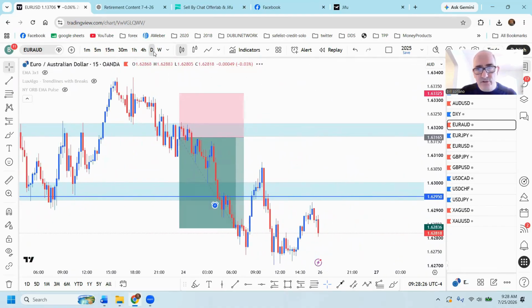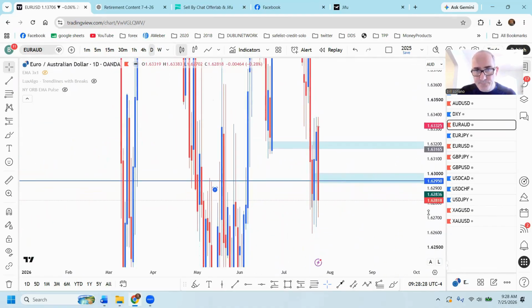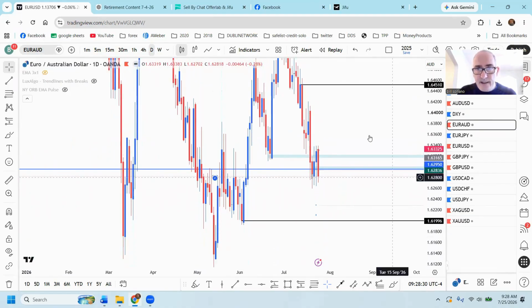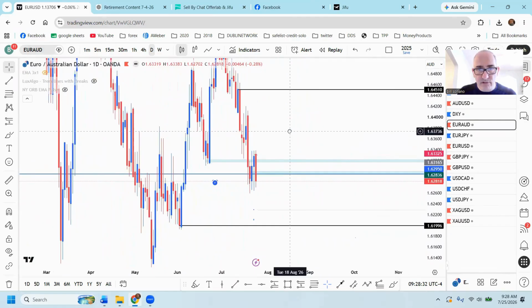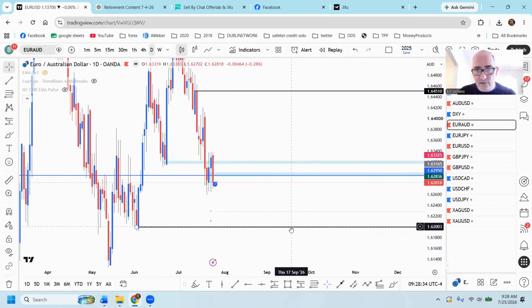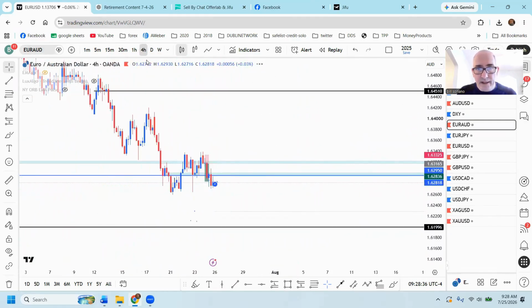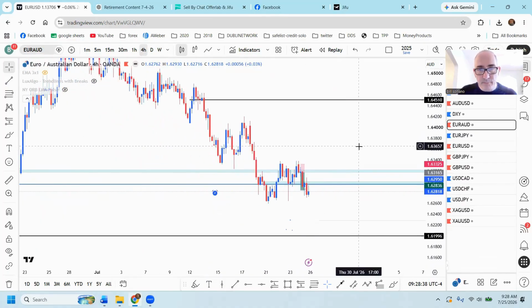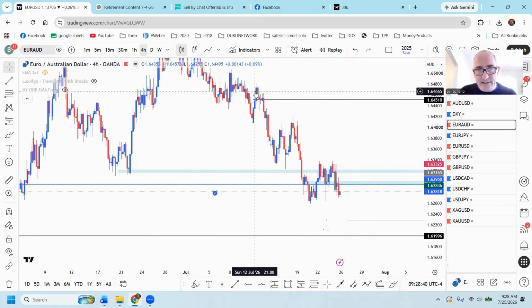But again, let's just go to the daily time frame. And we can see our daily range here. So we have our daily high, our daily low. And when we drop down to the 4-hour, what do we see? Well, we're looking back here. We see that price is coming down. We get a break of structure here.